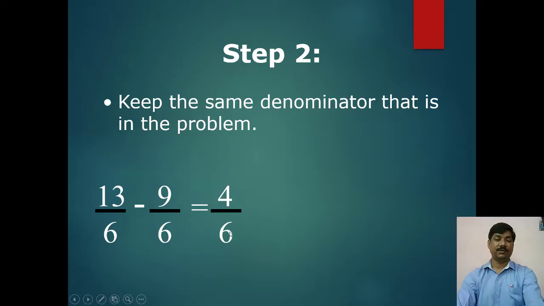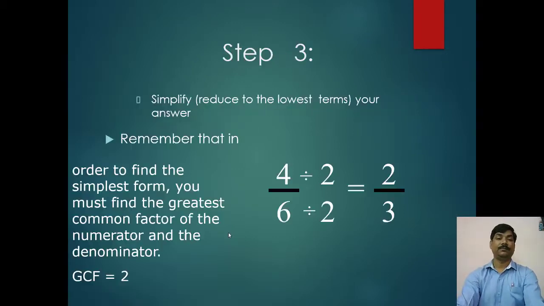Here 4 upon 6 is not in the simplest form, so we have to follow the third step. To simplify 4 upon 6, we have to find the highest common factor of 4 and 6. The highest common factor of 4 and 6 is 2.